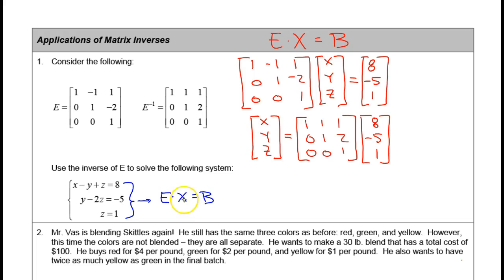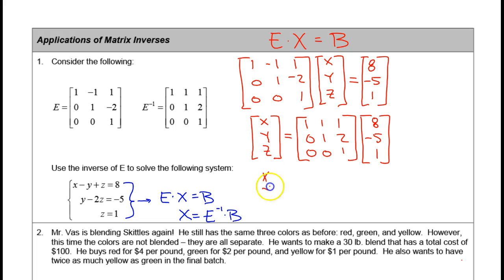Well, from what we did in part 1 of this video, I know that X equals E inverse times B. If this system has one unique solution, then E has to be invertible. I showed you right here that E is invertible by giving you its inverse, so that must mean that this system has a unique solution. I'm pretty excited to find that solution, so I hope you want to jump right into it with me.